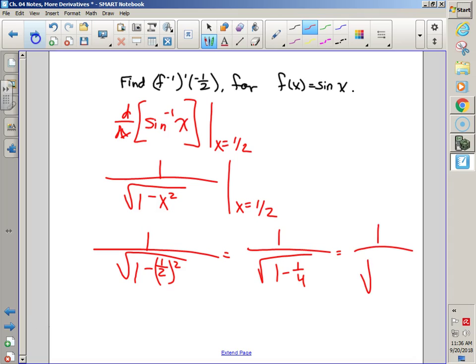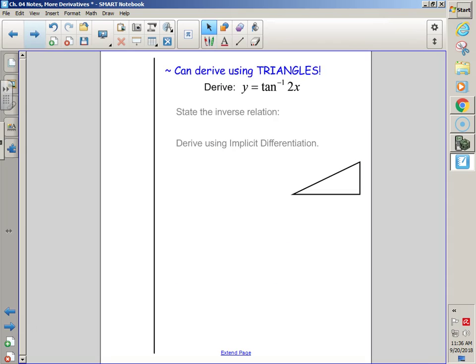Then couldn't I have gotten 4 over 4 minus 1 over 4 is 3 over 4? Then couldn't I have square root of 4 is 2 and it pops up? For sine inverse. So we could have done that another way.